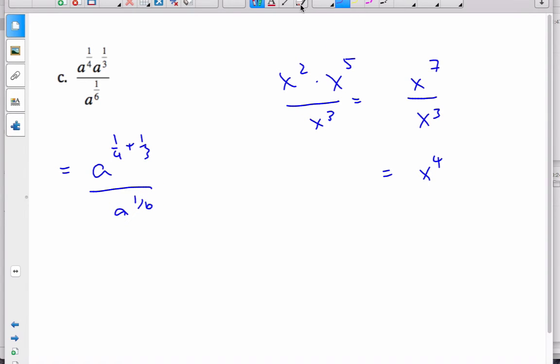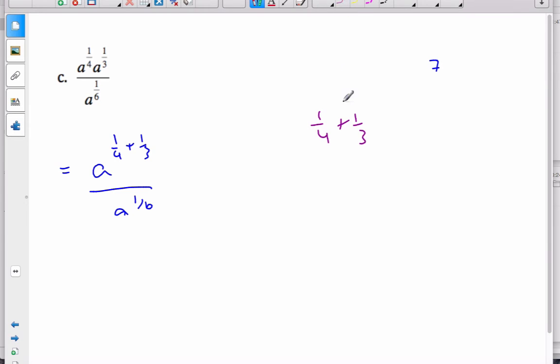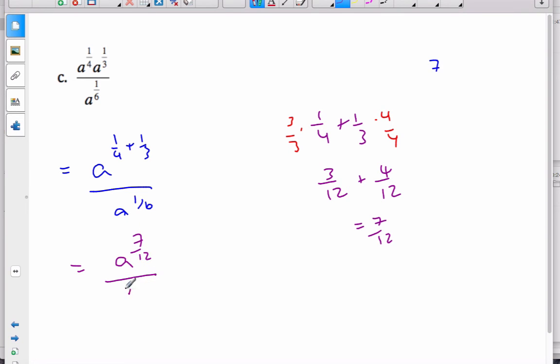And over here, I'm going to do some scratch work. I'm going to just do 1/4 plus 1/3. Common denominator is 12, so I multiply by 3 over 3 and 4 over 4. And so I get 3 over 12 plus 4 over 12, which is 7 over 12. And so this is a to the 7 over 12 divided by a to the 1/6.